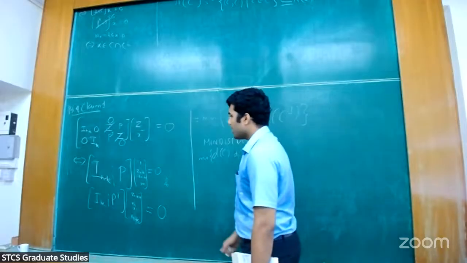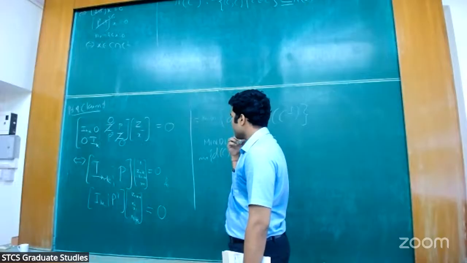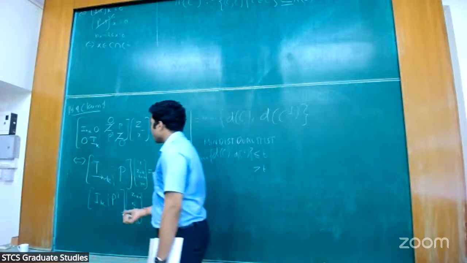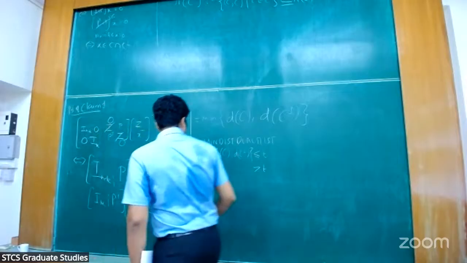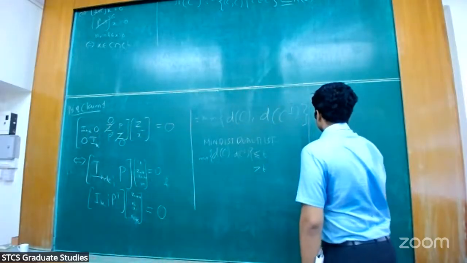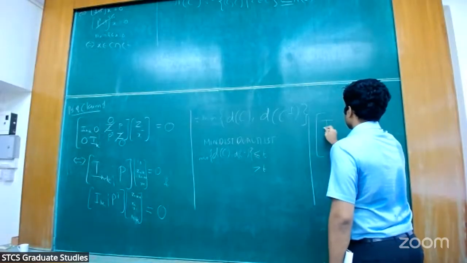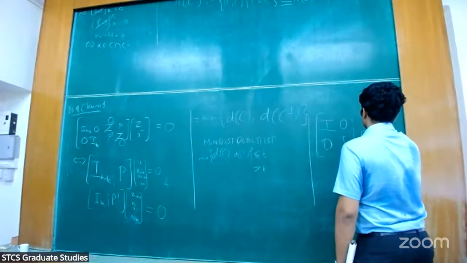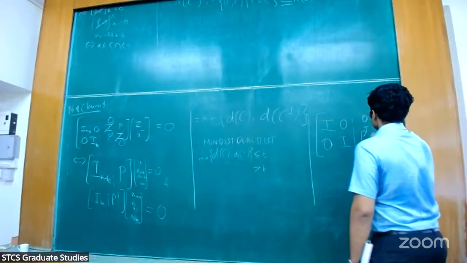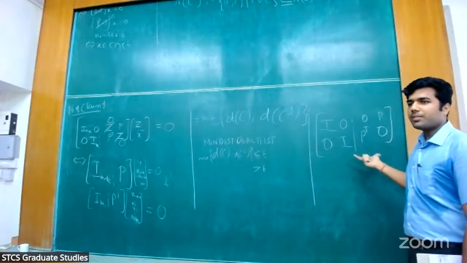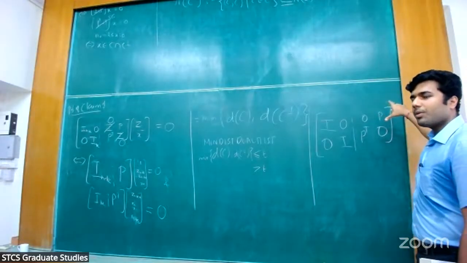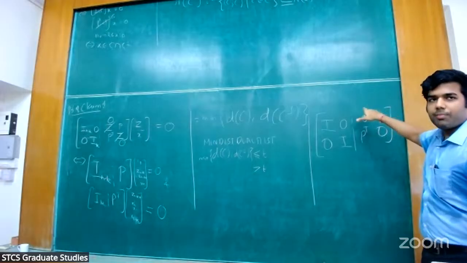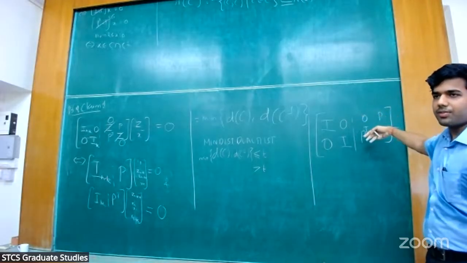So now, about the rate half code result, one can see that the very same matrix that we used for the minimum graph state distance, which was I, 0, 0, I, P transpose, we could treat as a parity check matrix corresponding to a code, rather than computing the minimum graph state distance, and try to compute the minimum distance of the code that is defined by this.